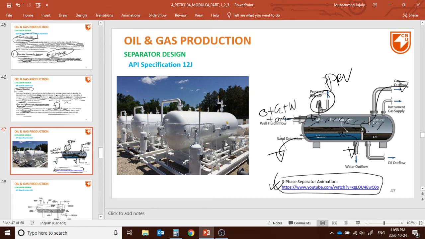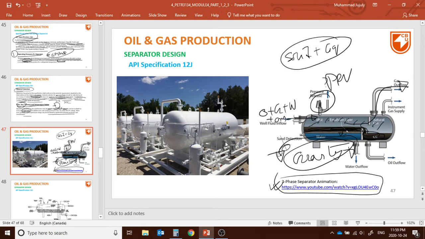The oil will float on top of the water, and after a specific time it will be removed here. The whole operation is done by gravity. Sometimes it's also known as a gravity settling tank, but we use that terminology for a different type, especially for solid contamination and liquid separation. The principle is very similar to this separator. So this is how this oil and gas separator works.